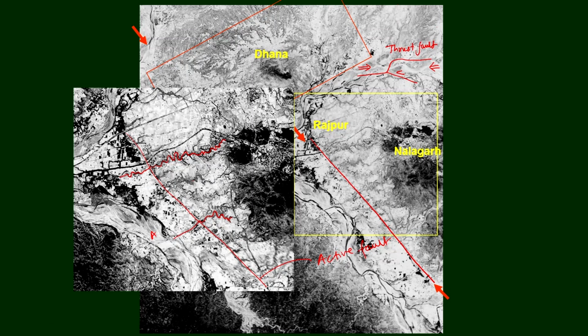Even this one from here has a very tight meander, and it becomes almost straight and goes and meets the major channel. This one is the main trunk stream in that area, and it goes and meets the Satluj. So, this is one evidence which is a clear indication of the ongoing deformation along the active fault.